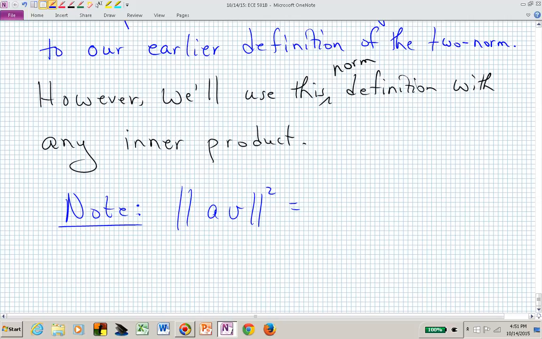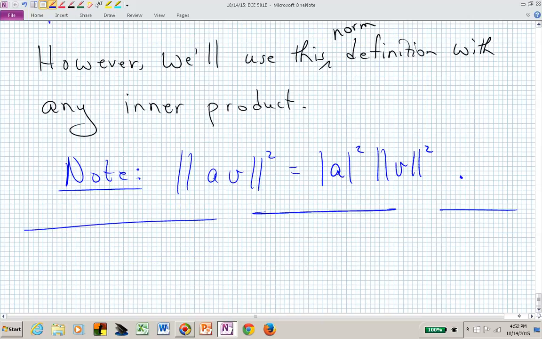So now we have A conjugate, and if A is a complex number, A times its conjugate gives us the magnitude of that scalar or that complex number squared, and that's now going to be multiplying the norm squared of the original vector V. So if you scale a vector by a scalar A, then you can pull that out of the norm if you want.